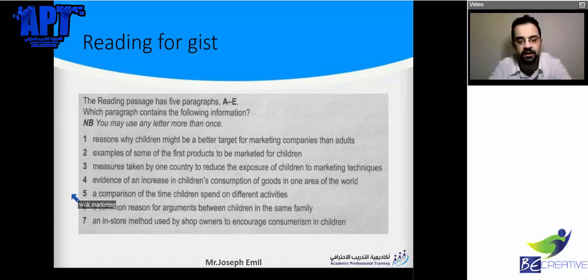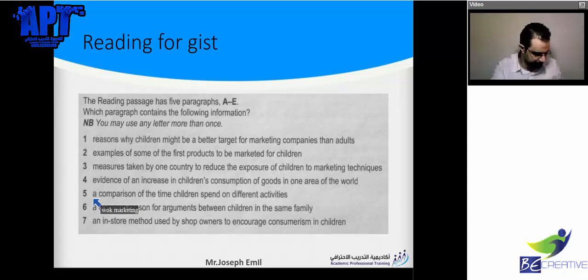Evidence of an increase in children's consumption of goods in one area of the world. 5. A comparison of the time children spend on different activities. And 6. The common reason for arguments between children in the same family.